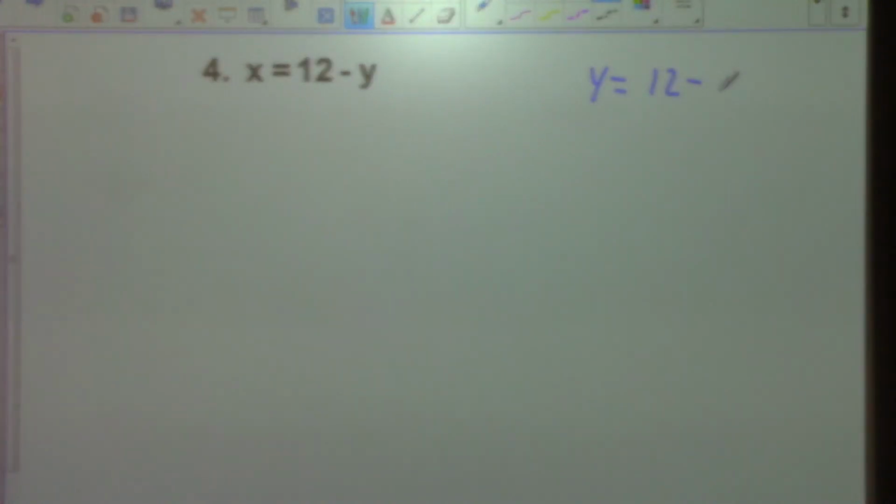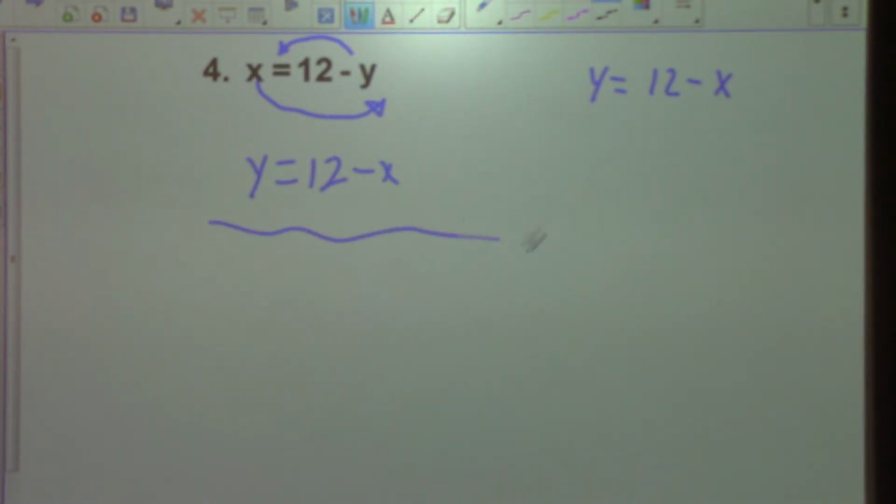I think that's right. How'd you do that, Hannah? I moved the 12 over. So she moves y over this way, and she moves x this way. And so y over here becomes positive, and then x over here becomes negative. So you can do that. That's kind of a shortcut.